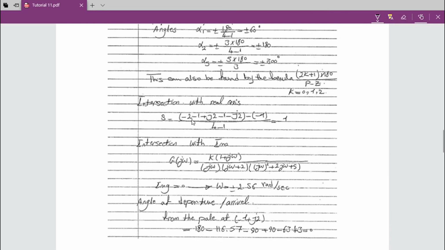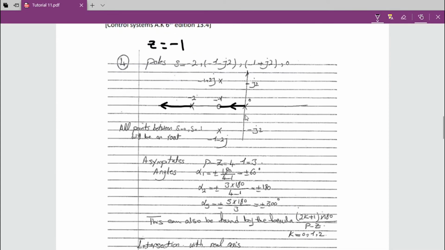We manipulate and solve for the real part equal to 0. We have to solve for the real value, real is equal to 0. So we get omega is equal to plus minus 2.56 radians per second. So that will be your j omega intercept.